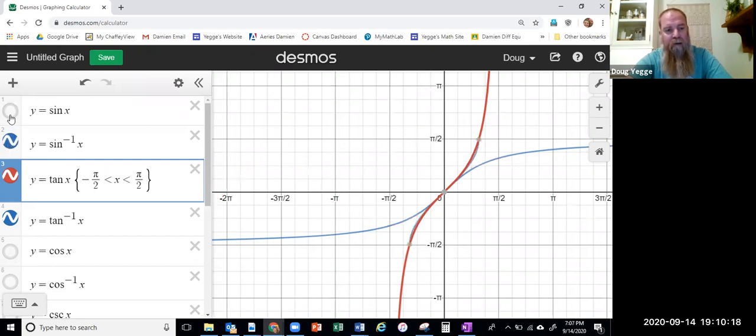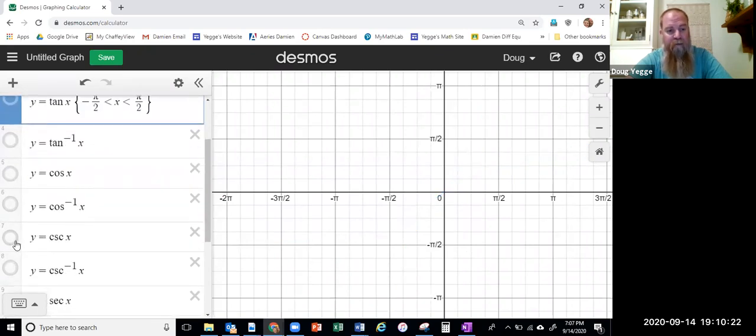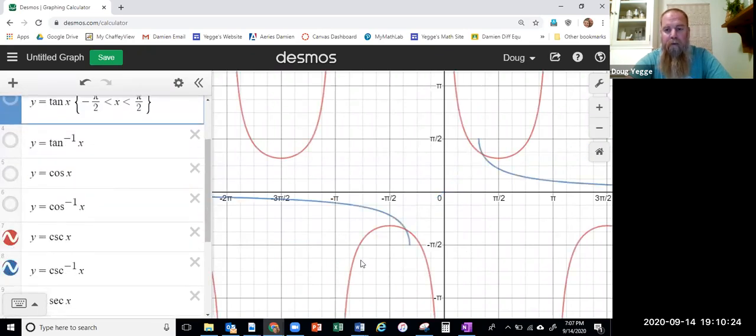And lastly, if we were to take a look at another function, let's look at cosecant of x. Notice that when we look at cosecant of x, it also has all kinds of asymptotes at -π, at 0, and so on. But if we're trying to find the smallest interval that includes all of the possible y values, notice that the y values are everything from -1 down to negative infinity, and from +1 up to infinity.